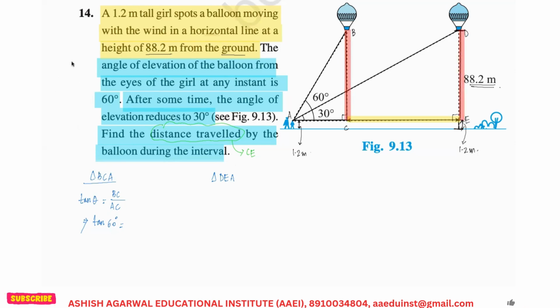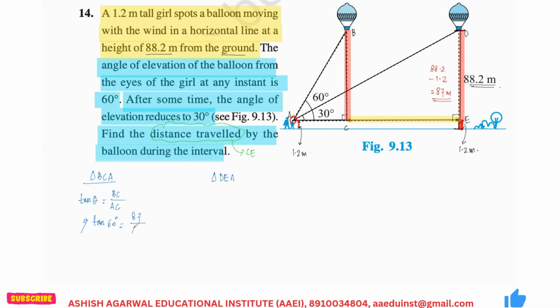And what will be the actual value of DE? The value of DE will be 88.2 minus 1.2, which is 87 meters. No mistake should be there, because the height of the girl has to be subtracted. The girl is looking from this point. So the height of the girl, 1.2 meter, is to be subtracted from 88.2. This is 87 meter we have to go for. So BC value we have 87 meter.